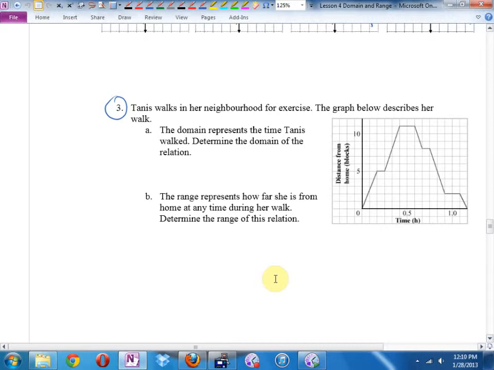What's 1 square worth? On the x-axis, what's 1 square worth? I got to do some thinking. It looks like 1, 2, 3, 4, 5, 6, 7, 8, 9, 10, 11, 12 squares make up 1 hour.